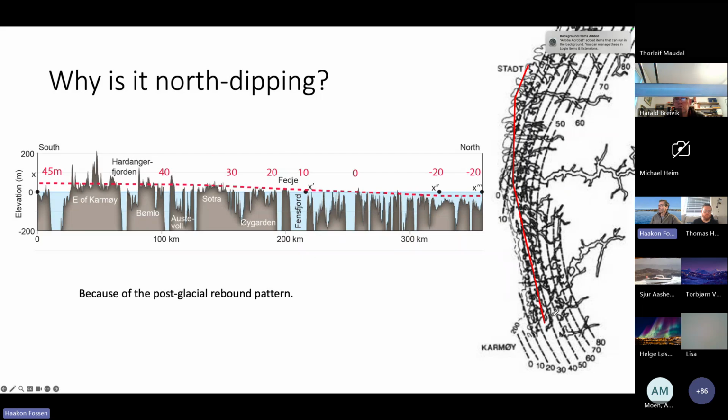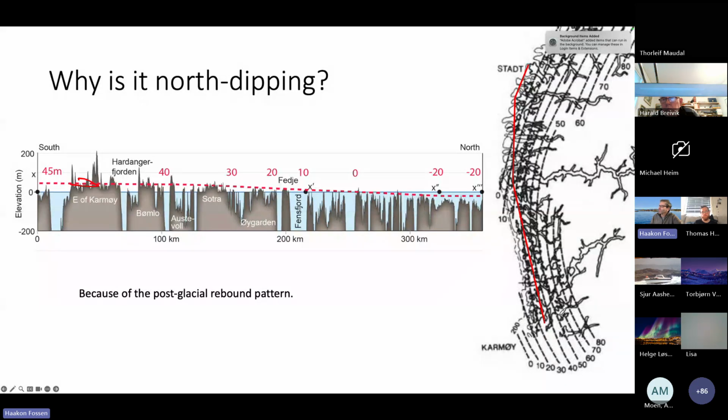If we look at the north-south section, it's higher in the south than in the north. Here is the south, Karmøy, 40-45 meters here. And then it dips down to below sea level up here by its dots. This is where we looked at one of the first pictures. And that's because it crosses the isobases. It crosses these curves that tell us how much uplift there was during the post-glacial rebound, isostatic rebound after the Younger Dryas.